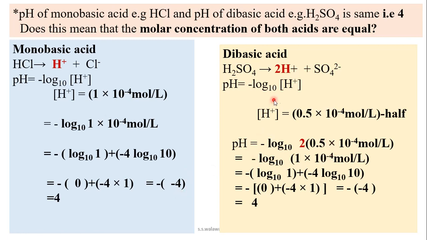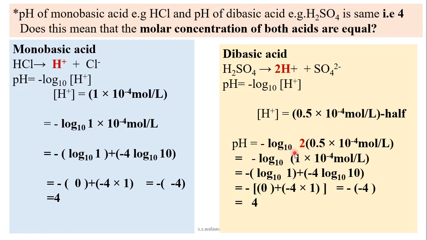See here, if you substitute this value of concentration of the hydrogen ion, then what will be the pH? pH of the solution is equal to minus log to the base 10 of hydrogen ion concentration. Now here, as 2 moles of hydrogen ions are present in the solution, you have to multiply this concentration term by 2.